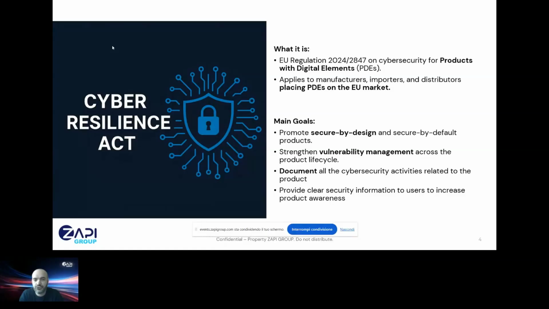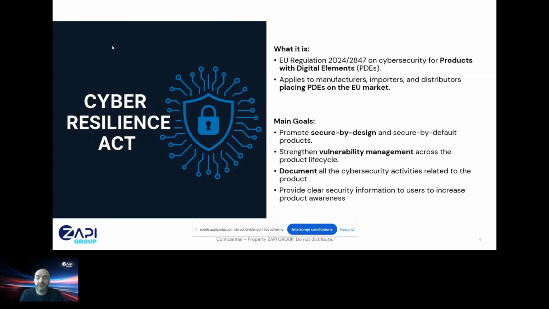Third point is also to introduce the concept of documentation in terms of cybersecurity, just to keep trace about the cybersecurity decision that the manufacturer decide, and also to increase the product awareness of the user that use the product.